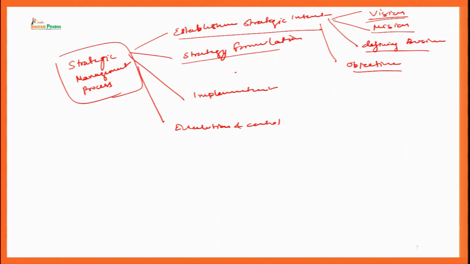Then there is the process of strategy formulation. Here, under strategy formulation, what is happening? You are assessing and scanning the environment. The environment is broadly classified into two parts: macro environment and micro environment.